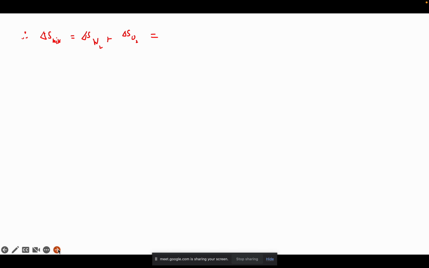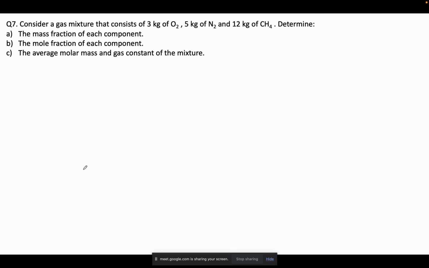So that will be 9.1338 plus 6.7420, which is 15.8758 joule per Kelvin. Okay, fine.